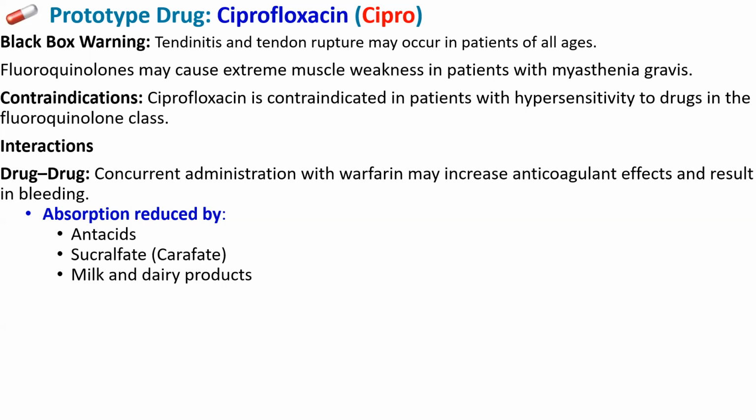The drug should be discontinued if the patient experiences pain or inflammation of the tendon, because tendon rupture has been reported, because that's a sign of severe tendonitis, especially with the older adult population.